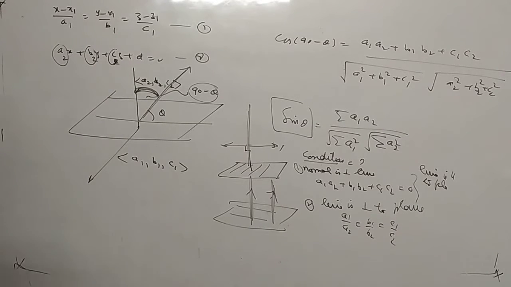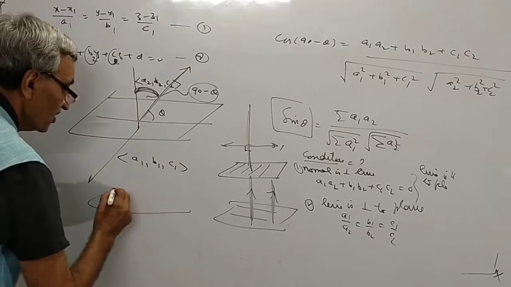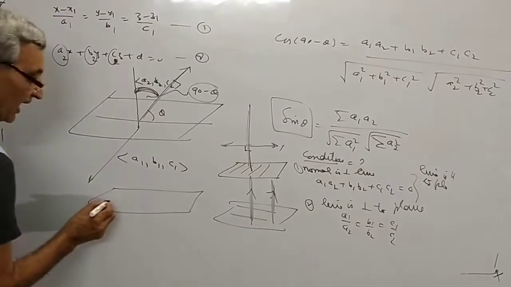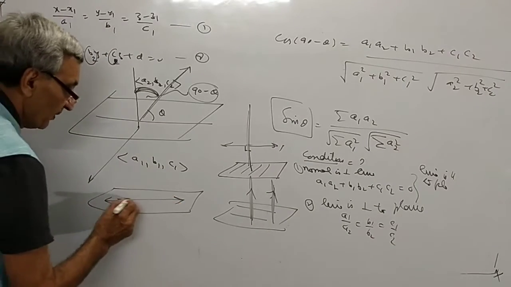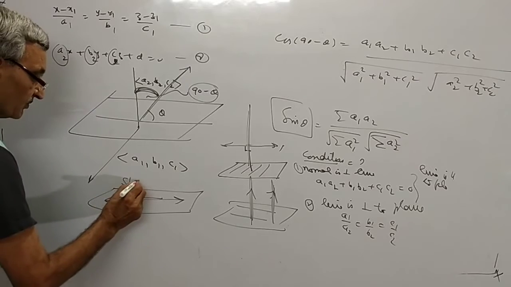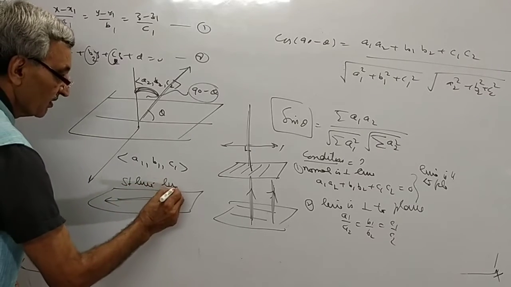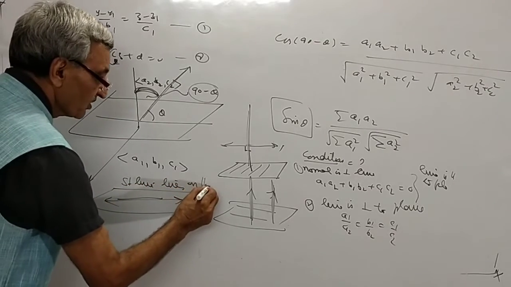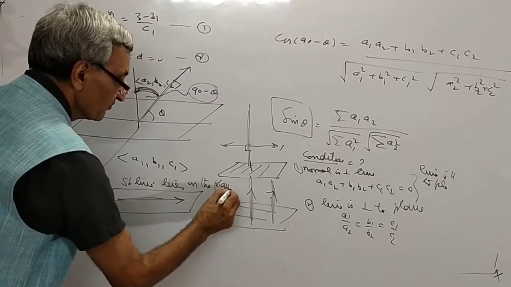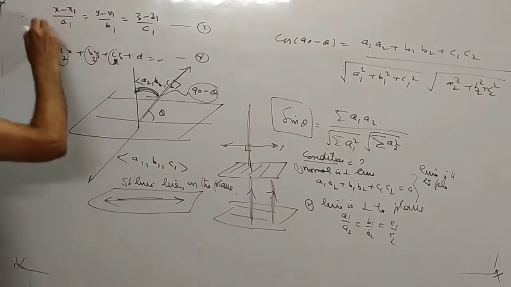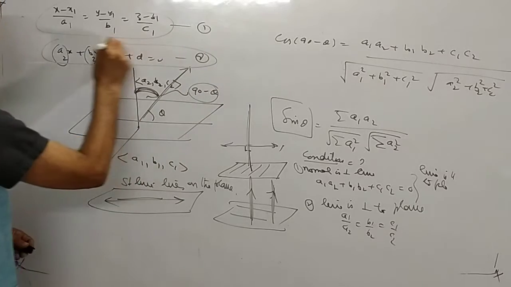My next question is, what is the condition when the line lies in the plane? The straight line lies on the plane. This line completely lies on this plane.